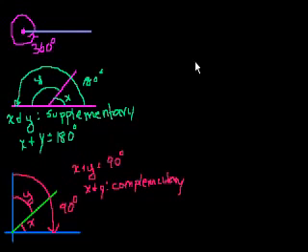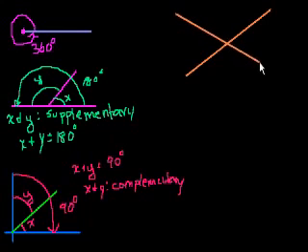Now let me draw another property of angles of intersecting lines. If I have two lines that intersect like this, a couple of interesting things. First, I'm going to teach you about opposite angles.